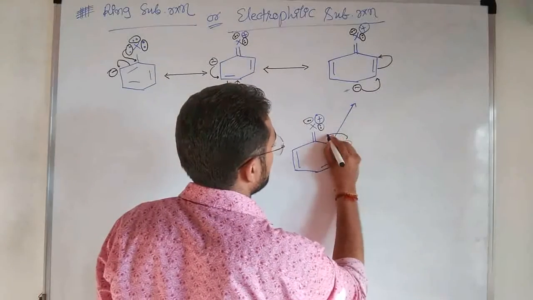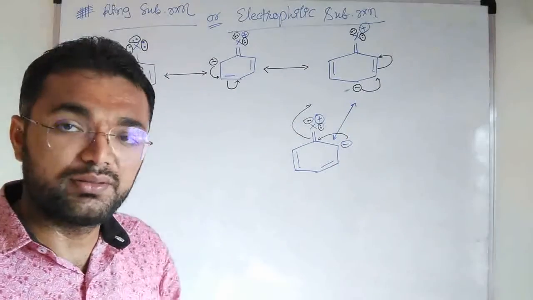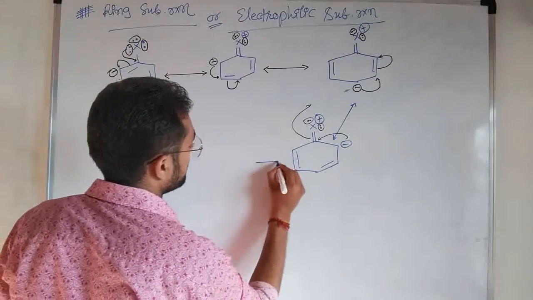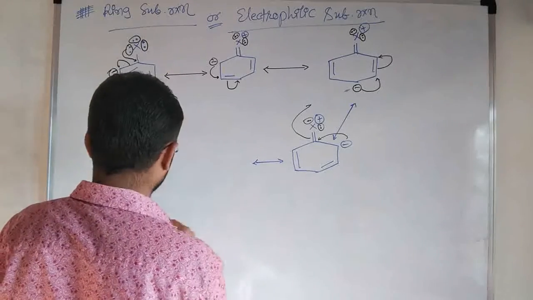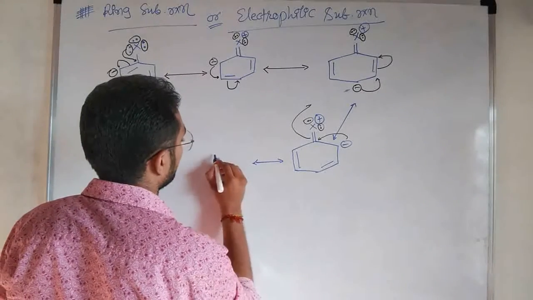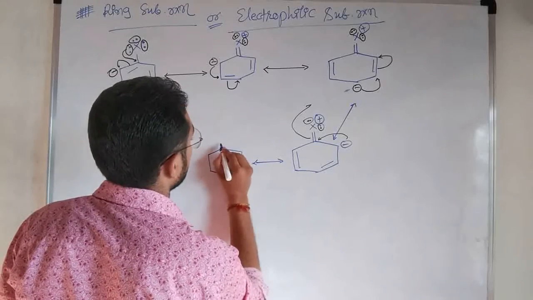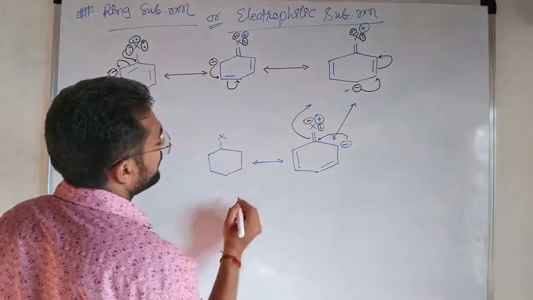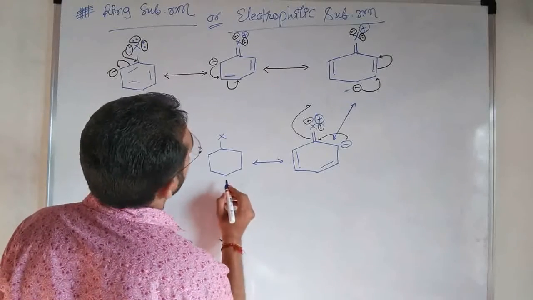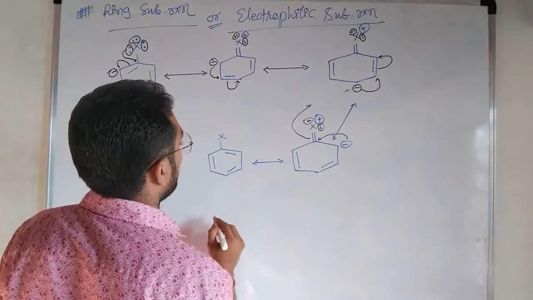This negative charge attacks on this carbon and opens up this carbon-halogen double bond. So what will be next? Next thing is 1, 2 and 3 bond formation.